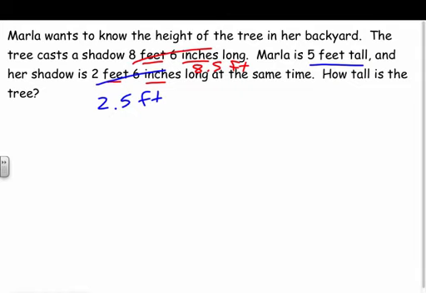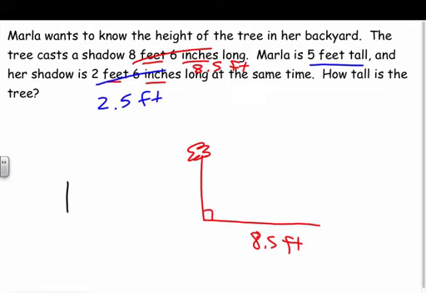So let's draw a picture here. So we got a tree. And it's got a shadow. And that shadow is 8.5 feet, it says. Well, this kind of makes a right angle, right? That's kind of nice. And Marla is 5 feet tall, and her shadow is 2.5 feet. So let's say Marla, she's over here.